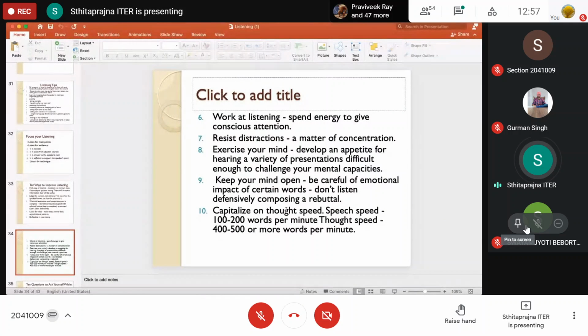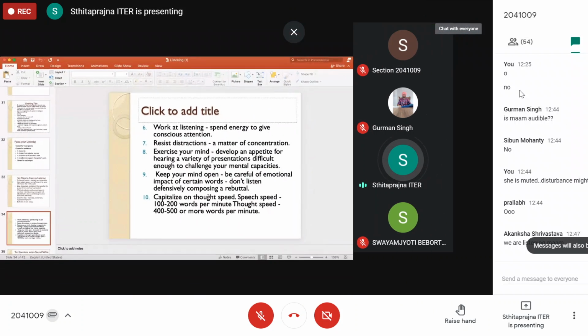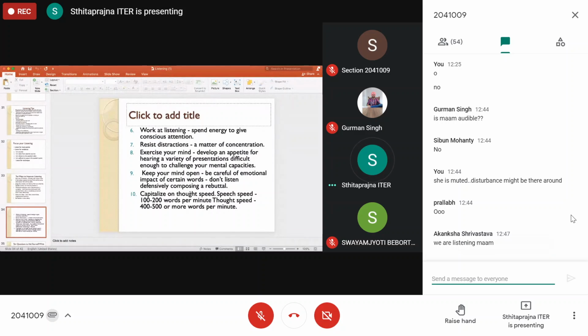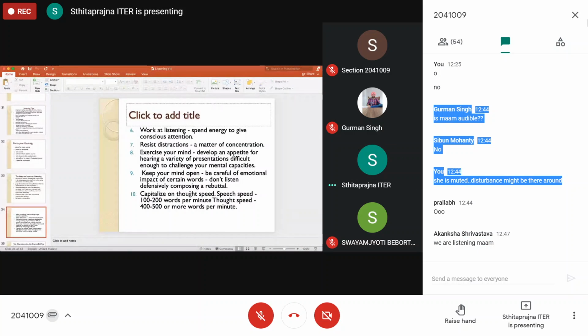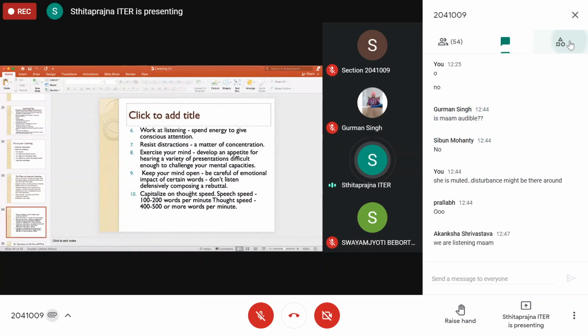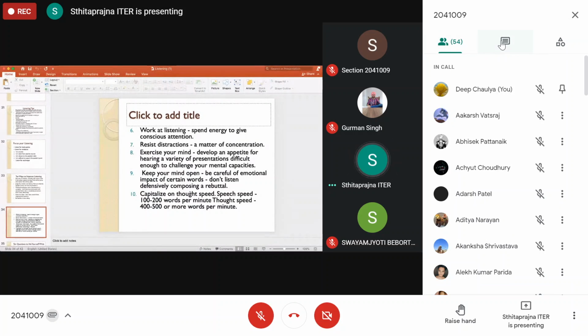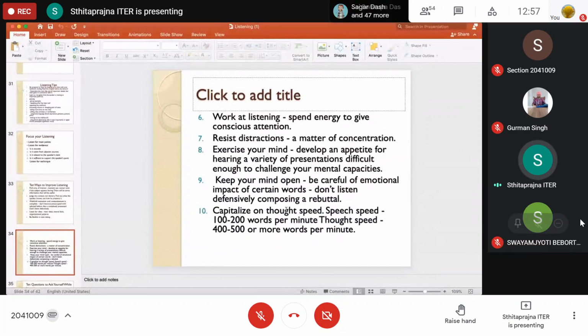There are a lot of distractions, I know, and you're fighting your own battle at listening. So resist those distractions. Exercise your mind. Try to listen to varieties of things, not things that only interest you. So you can always challenge your mental capacities to try to listen to a variety of things. Keep your mind open.